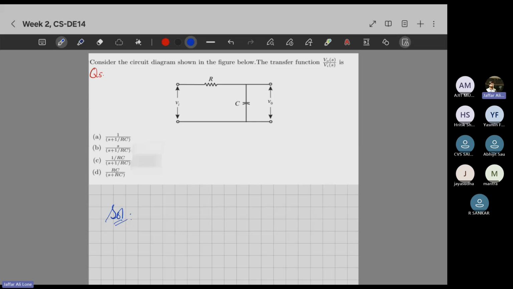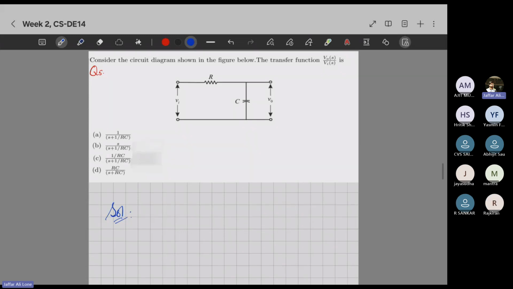Transfer function will be, it's given, V naught of s over Vi of s. So you find V naught. What is V naught? Okay, I'll just simplify it for you.